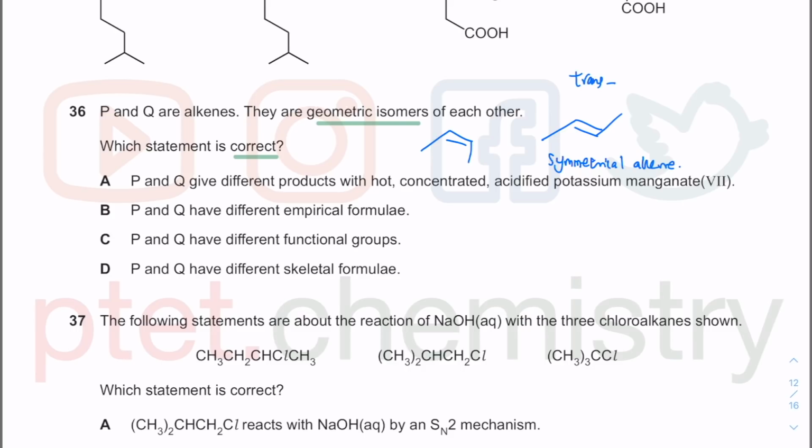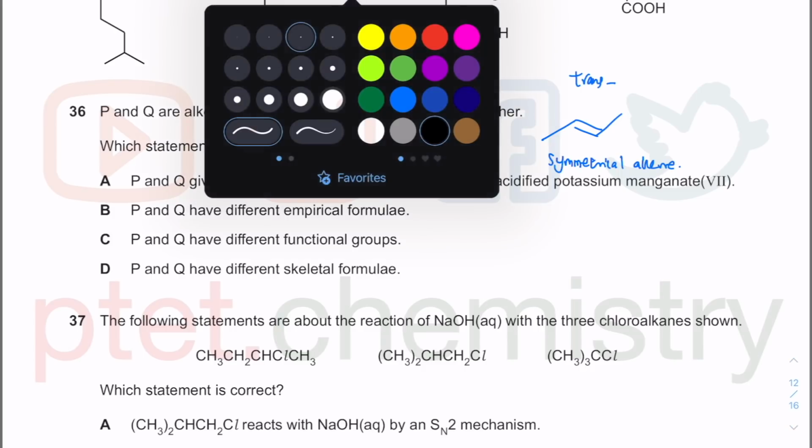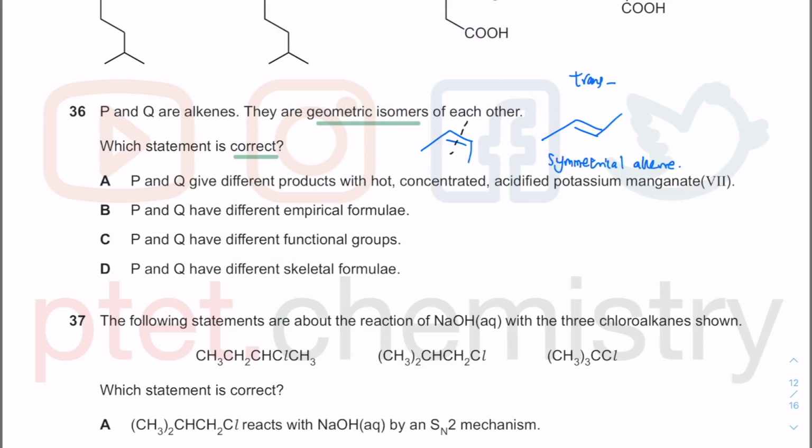Now, they give different products. If they are geometric isomers, they will give the same products because, you know, even if I have this and that, once you break the carbon-carbon double bond, you're not going to have the carbon-carbon double bond anymore. Well, I mean, they will give you the same product. So it cannot be different product. It will be the same products.